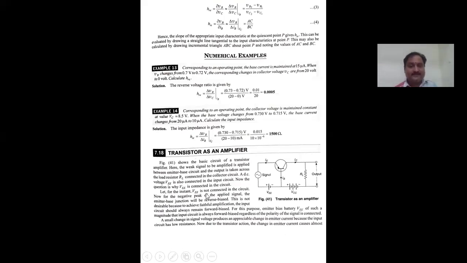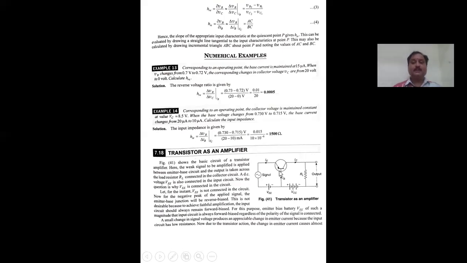That means VEE is not connected in the circuit. Now for negative peak of applied signal, the emitter base junction will be reverse biased. Then this is desirable to achieve faithful amplification. Then for positive peak we get high value, for negative peak we get less value.